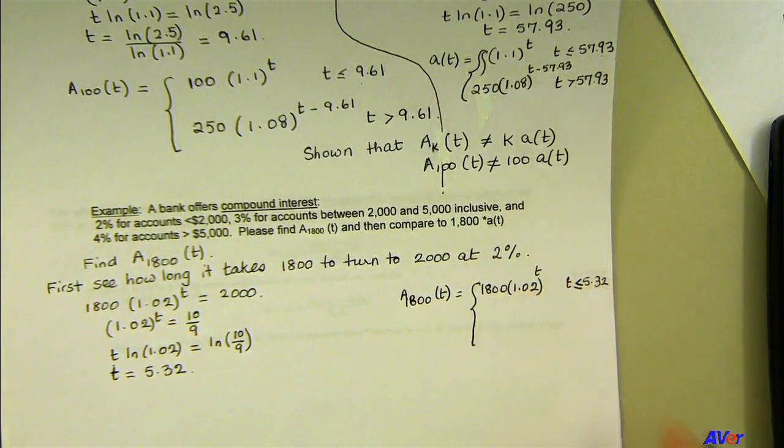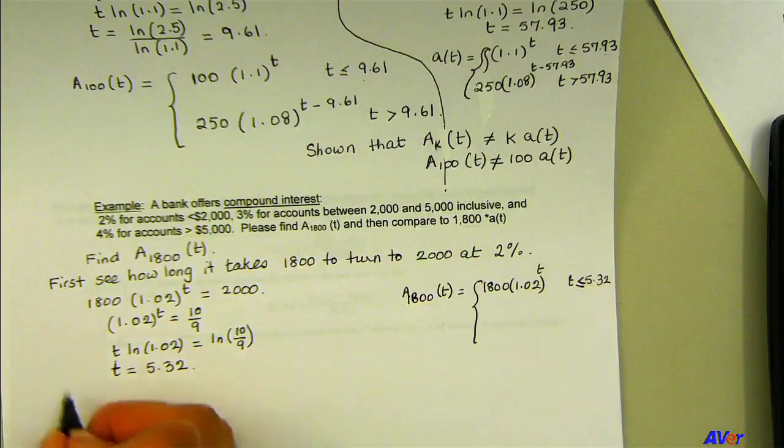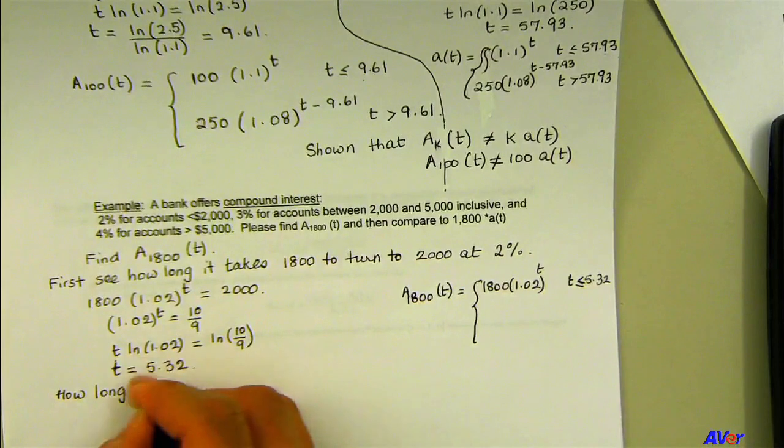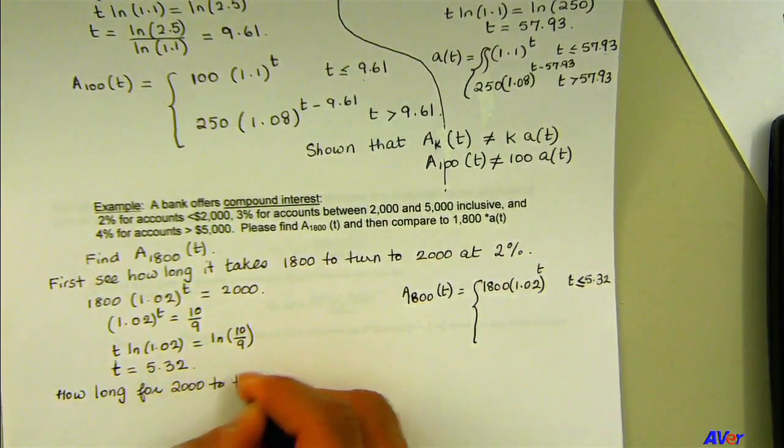Then what should I do next? What should I see? How long does it take 2000 to turn to what? 5,000. So how long for 2,000 to turn to 5,000?